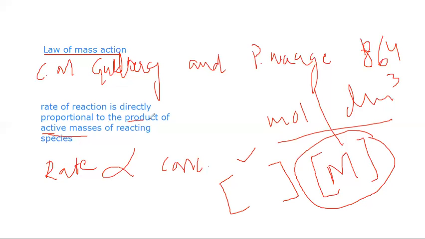What does product mean? As you know, when you write a chemical reaction, A plus B react together and make C plus D. This is a chemical reaction. Chemical equilibrium is attained because this is a reversible reaction.